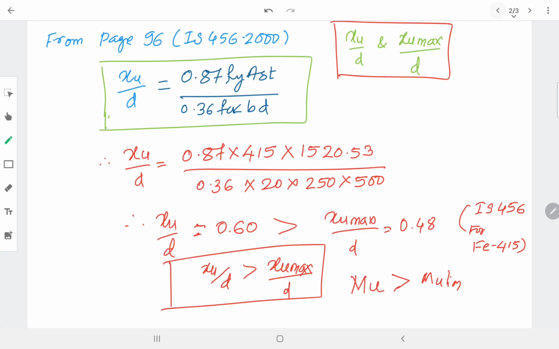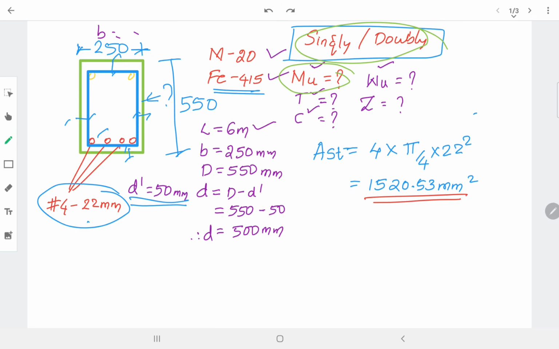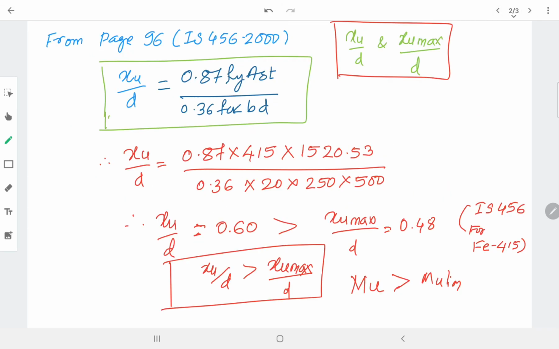Because the top reinforcement has not been given, I am not supposed to find Mu here. Only the bottom reinforcement, that is Ast, has been mentioned, but the condition says that it is an over-reinforced or doubly reinforced beam.